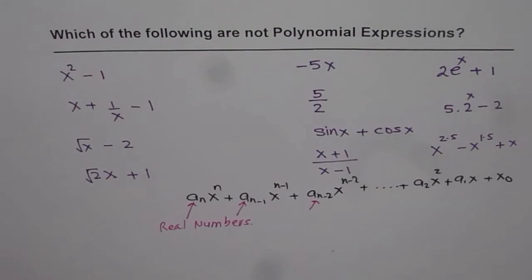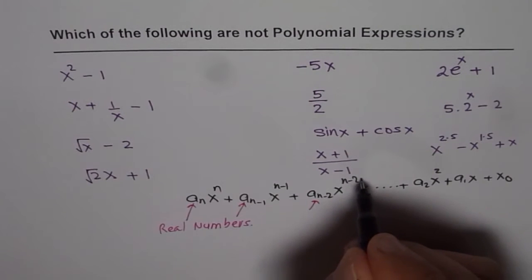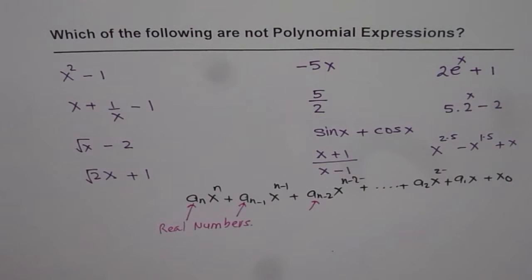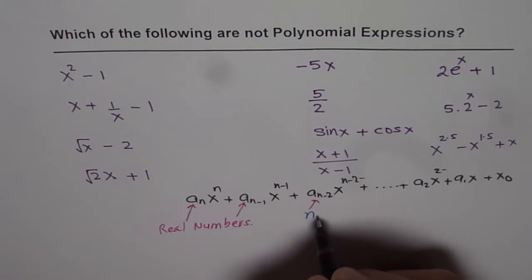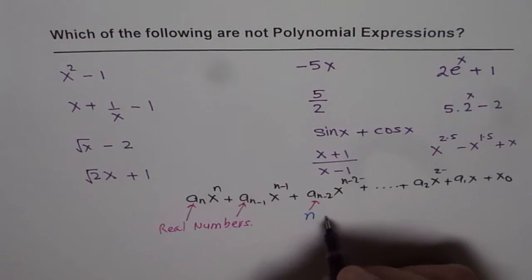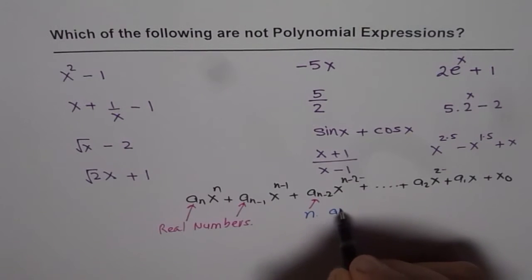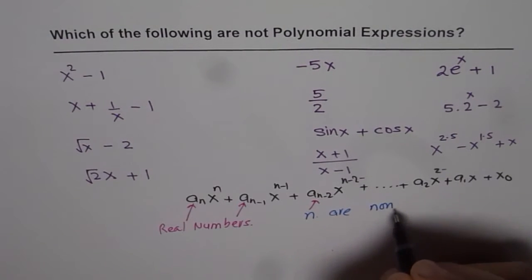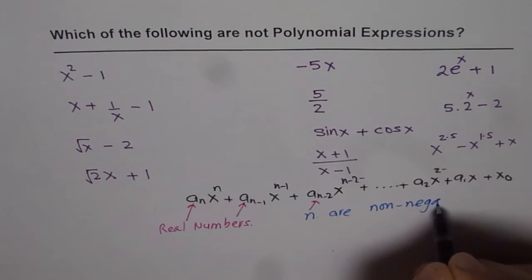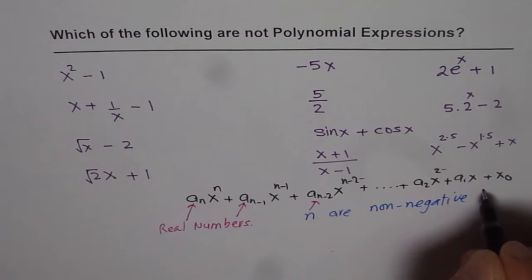Correct? Now, how about these exponents? We have exponents. So n is the exponent, right? n or n minus 1. What are they? They are non-negative integers.